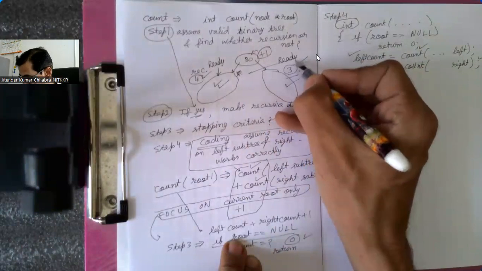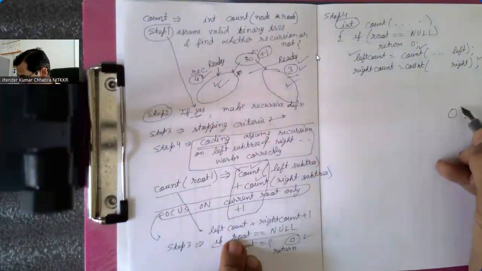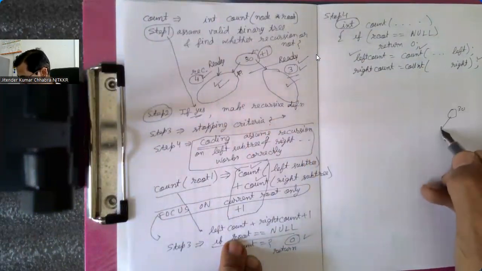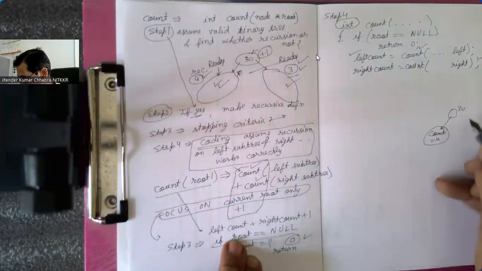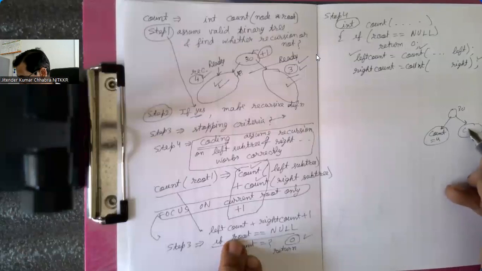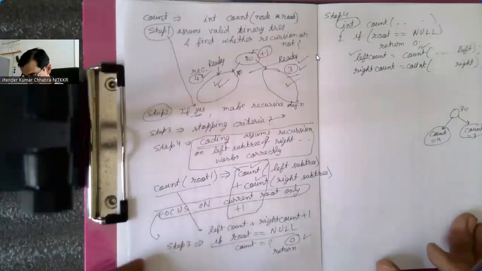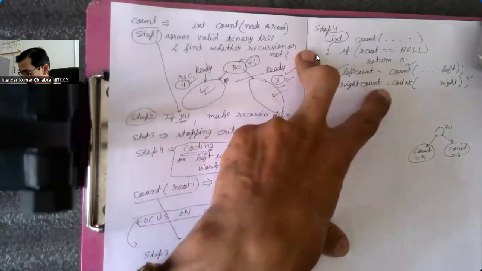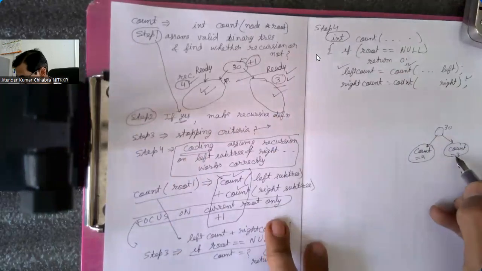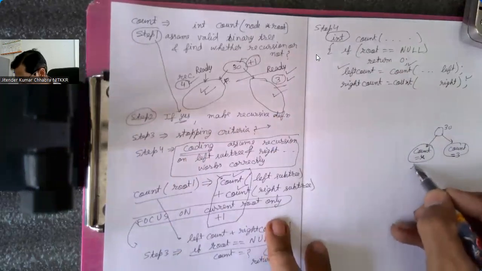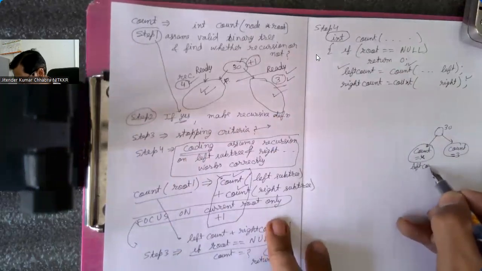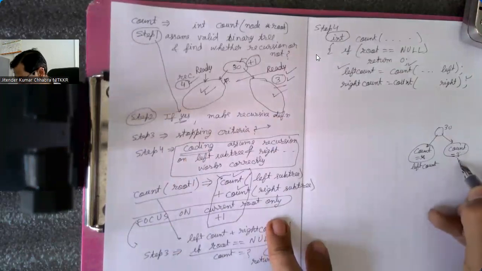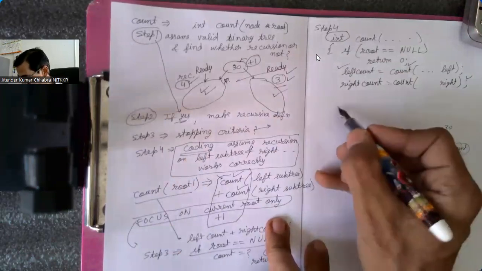Now, ready means effectively you are having here some root node. This side count is ready, count equal to 4, this side count equal to 3 or any value. But something is ready on both sides. Whatever was the actual count, that count is ready. Once you have that count ready, effectively 4 means effectively some variable left count is ready. Similarly, this right count is ready. What is the total count?